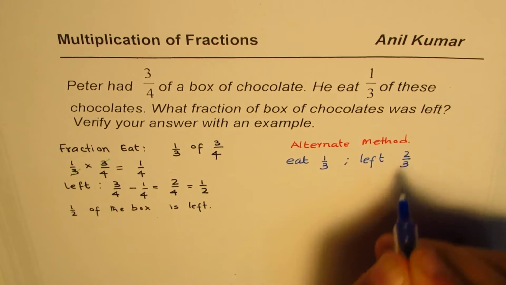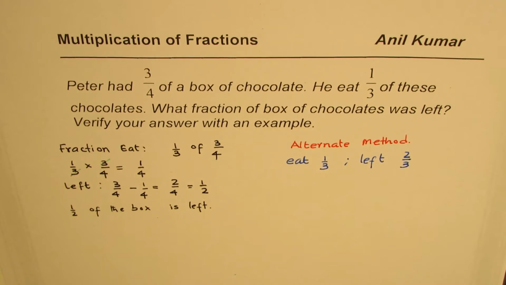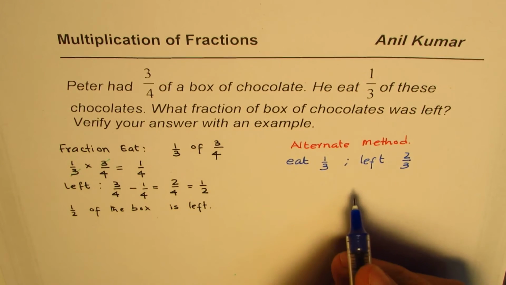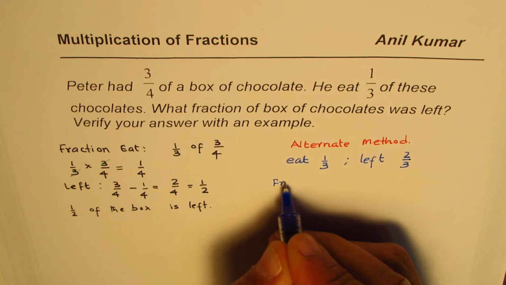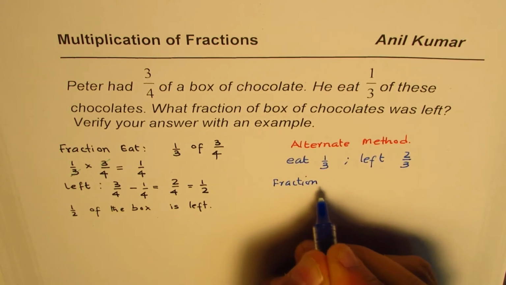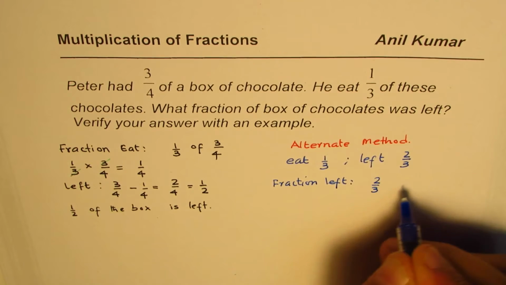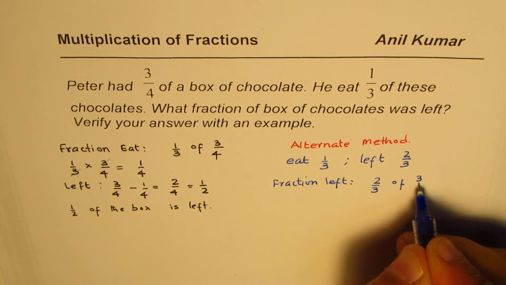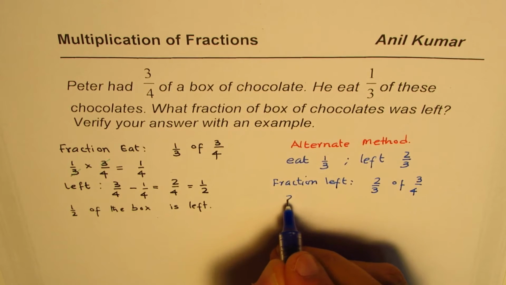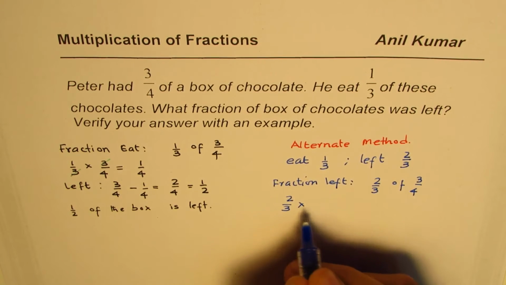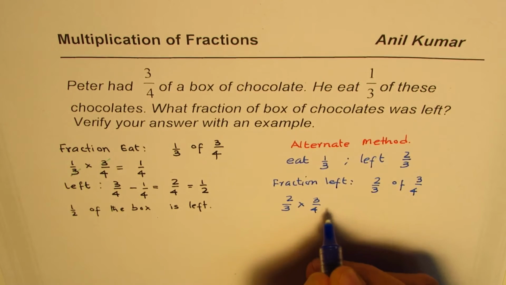Is that okay? So left is 2/3. So we could do straight away: the fraction left is 2/3 of 3/4. So that is 2/3 times 3/4, right?